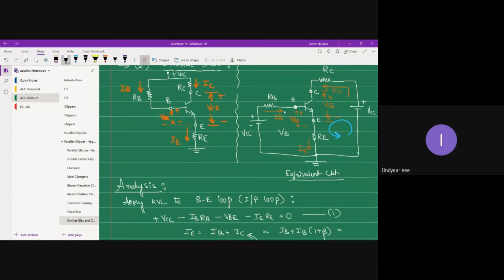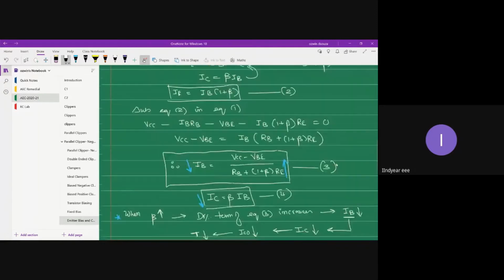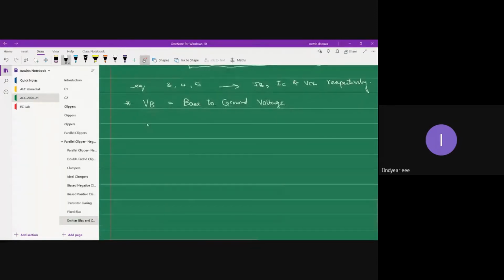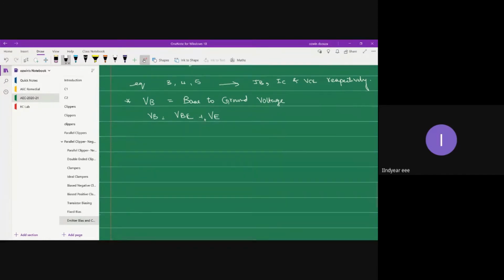This is the base terminal and this is your ground terminal, this is positive and this is negative. So base to ground voltage is equal to what? Base to ground is equal to base to emitter plus emitter to ground. So base to ground voltage can be written as base to emitter plus emitter to ground.